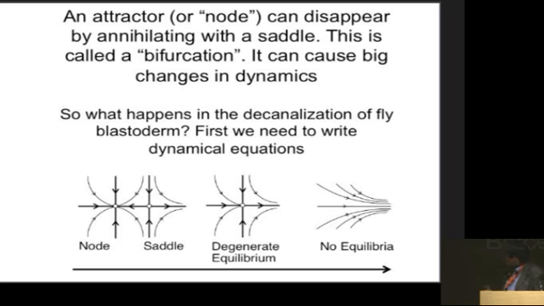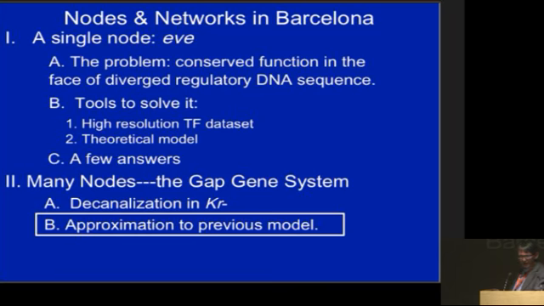And by the way, notice that not only is the point attractor disappearing, but the manifolds coming in to the saddle, or if it had the opposite polarity going out from the saddle, also disappear. Okay, so when a bifurcation happens, you can see really big changes in the dynamics.